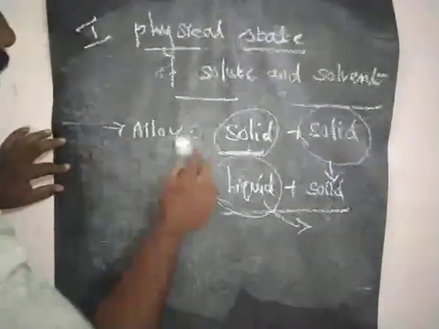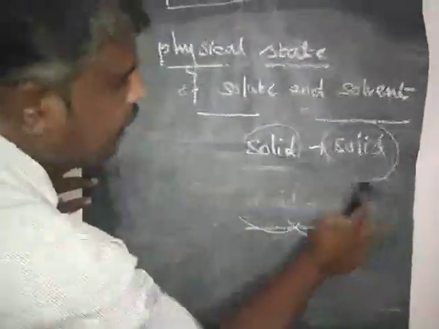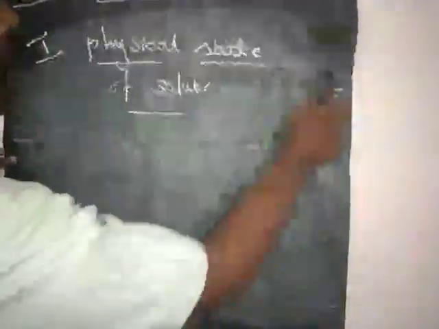In our textbook one tabular column is given clearly, just read that tabular column. The second category is based on the solvent. Based on the solvent, solutions can be classified into two types: one is aqueous solution, another one is non-aqueous solution. Aqua means what? Water. Non-aqueous means what? Except water.